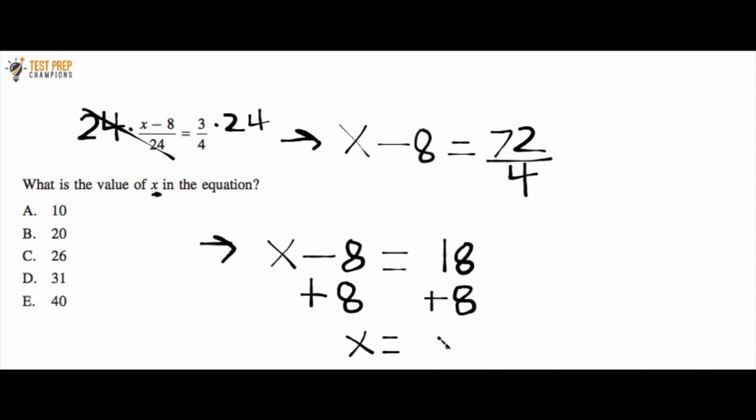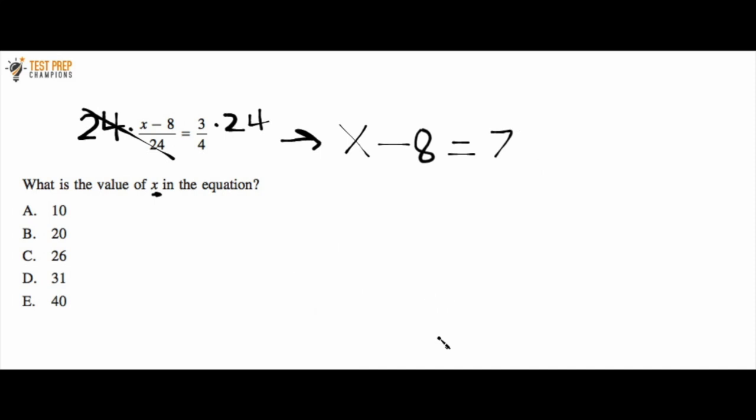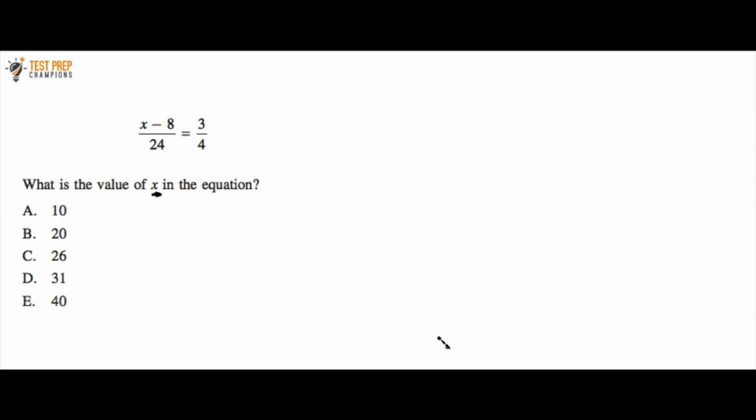And then let me back up here and show you the other way, which I call the plug-in trick. Basically, you can take each answer choice and plug it in for x, and see if you get something equal to 3 over 4. It's up to you to decide if it's faster to just plug the numbers into your calculator, but the idea is that you would plug 10 in for x, and then crunch the numbers in your calculator.